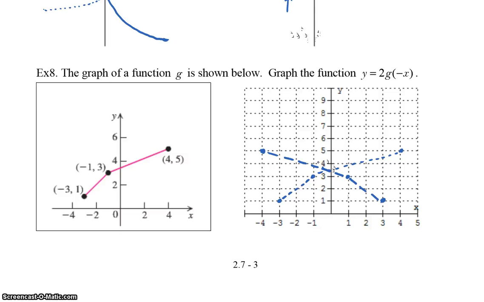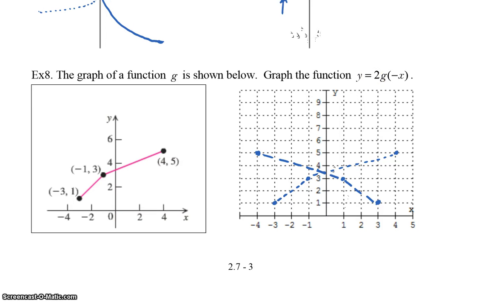And then there's a vertical stretch by a factor of 2, which is going to move the points away from the x-axis. So the point now at negative 4, 5 will now be at negative 4, 10. Twice as far from the x-axis. The point at positive 1, 3 will now be at positive 1, 6.